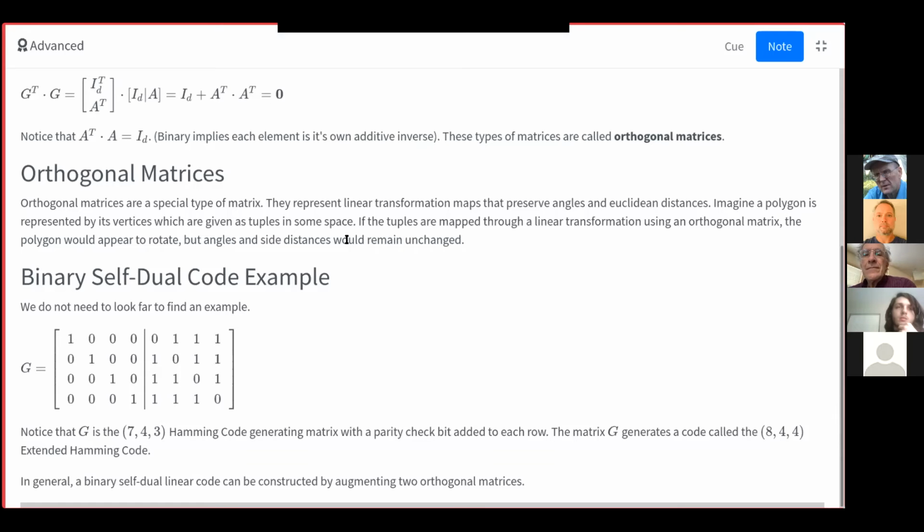So if you look at the matrix G there, you have the identity on the left and an orthogonal matrix on the right, which means its inverse is its transpose. That's actually an order 2 matrix, which means that its transpose is itself. So it's a little bit degenerate in that way. So this matrix generates a self-dual code, and this is called the extended Hamming code. In general, you can create a self-dual code by augmenting two orthogonal matrices.